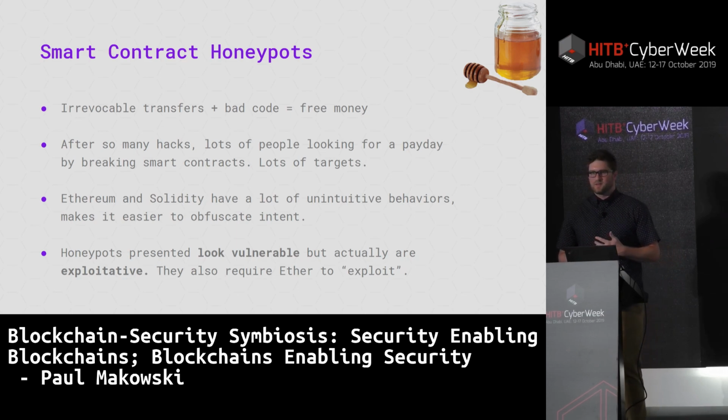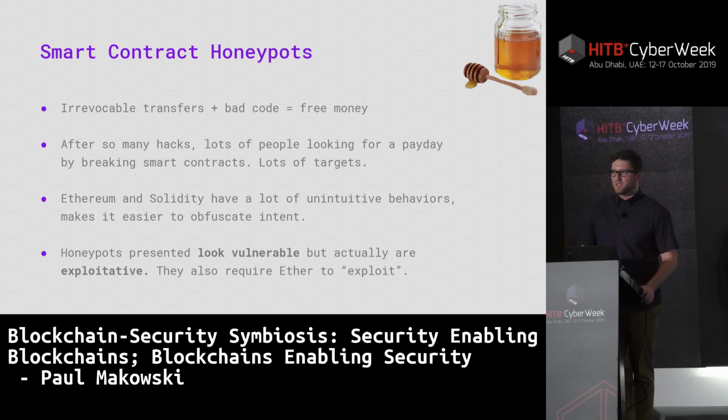So they get malicious people on the internet to basically try to steal funds out of these contracts that end up actually stealing the funds of the people that are trying to steal the funds. So it's a little bit of hacking back, so to say, I guess, but in a more passive sort of manner.